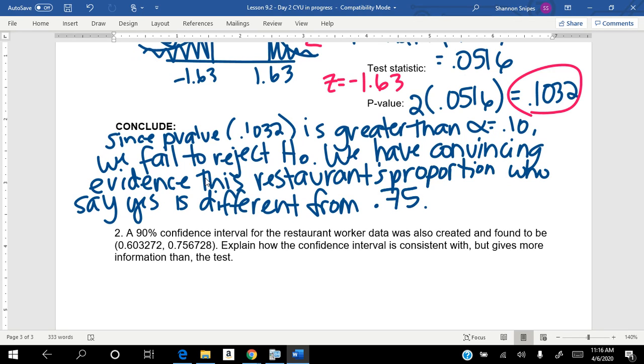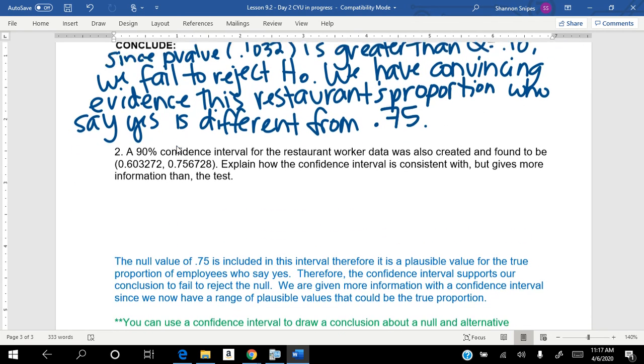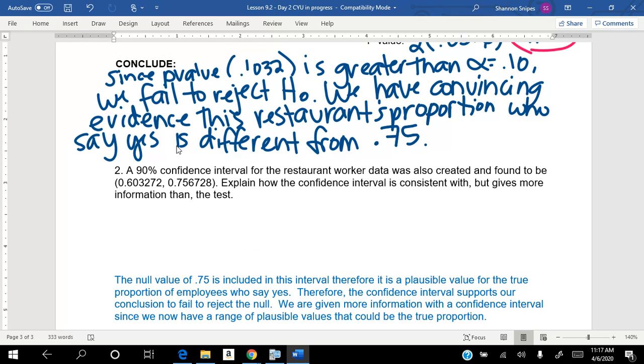So that means 0.75 is a plausible value for the true proportion of employees who say yes. So that means we can't reject the null. It could very well be true. So the null of 0.75 is included in this interval, so it's plausible. Therefore, the confidence interval supports our conclusion to fail to reject the null.